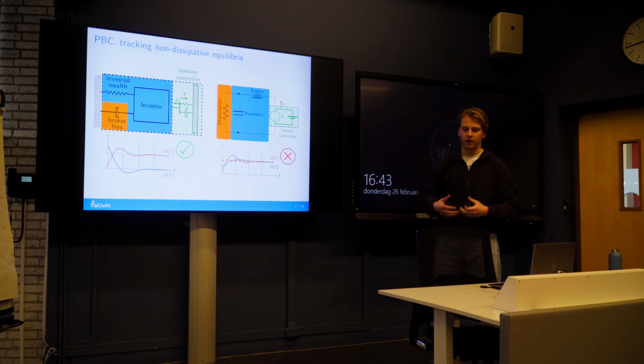If I am a supplier and I have stored some goods in my inventory, they are going to appreciate. So if I want to increase my inventory, set it to a non-zero point, I need to keep supplying an incentive, keep the flow running. I see what you're doing: on the left side, you design the system so that at the equilibrium point nothing's happening, and on the right side, you're always dissipating. Exactly, you need to keep dissipating to hold it at that new equilibrium point.